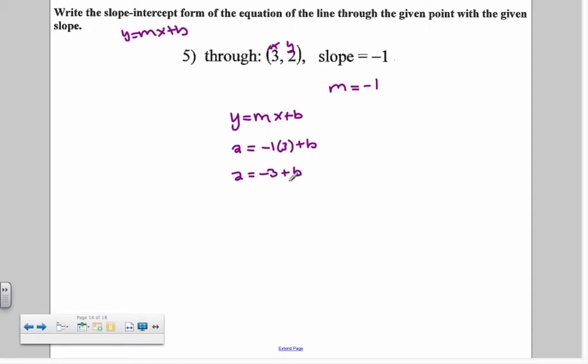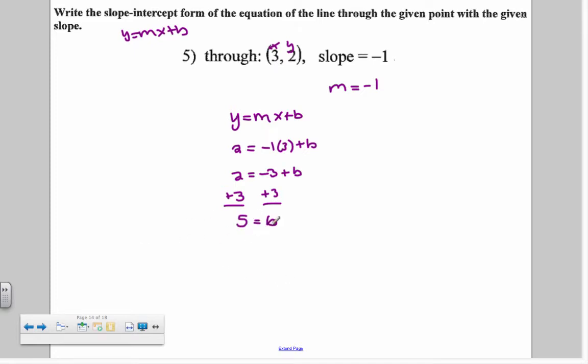I need to get b by itself. B is being added to negative 3, so I'm going to do the opposite and add a positive 3 to both sides. This negative 3 plus 3 is 0, so I'm left with only b on this side of the equation. And on this side, 2 plus 3 is 5. So I find that on this line, the y-intercept is 5.